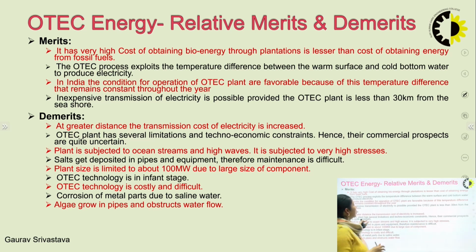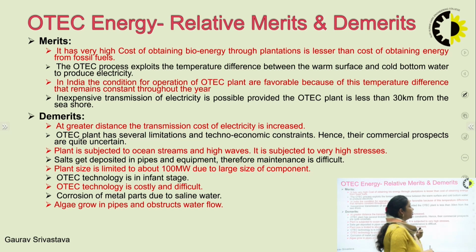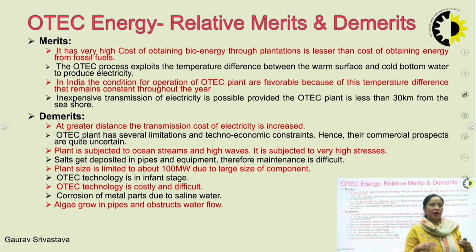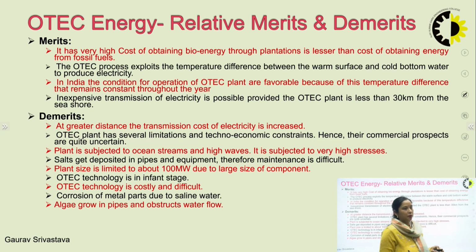OTEC exploits the temperature difference between surface water and the cold bottom water. Demerits: at greater distance, the cost of transmission of electricity is increased. If the load center is not on the bay, and it is far away, a large amount of money is involved for the transmission purpose.